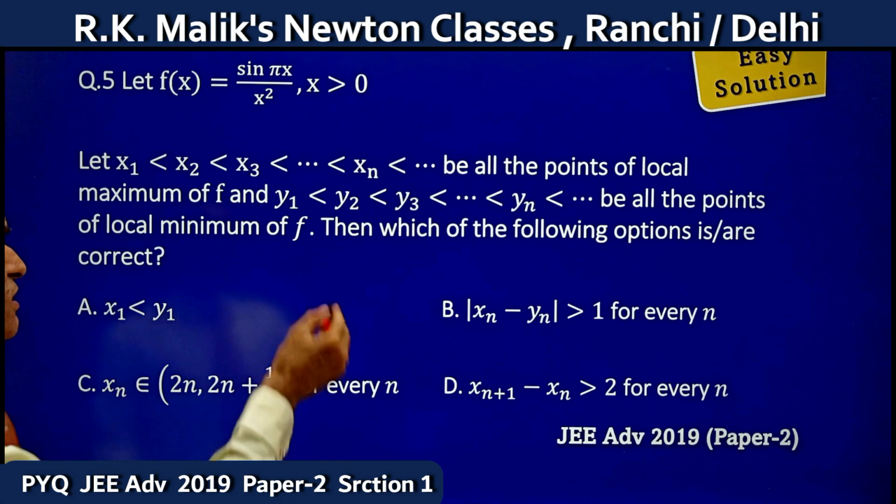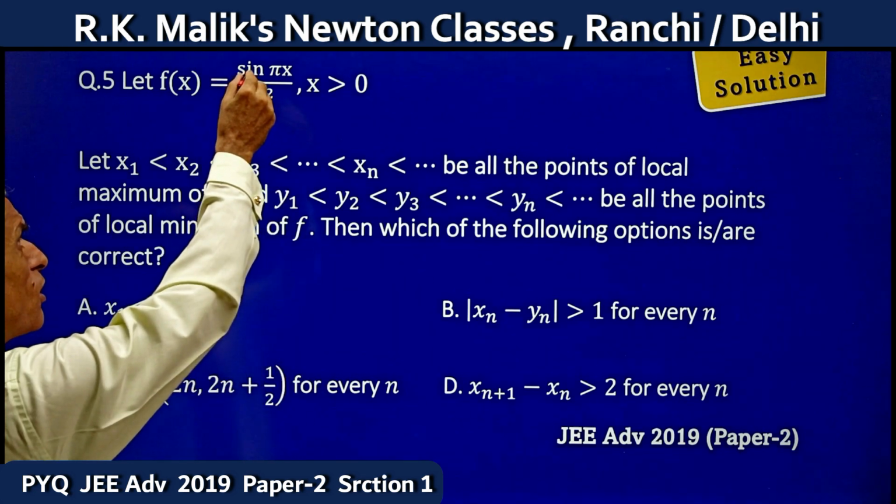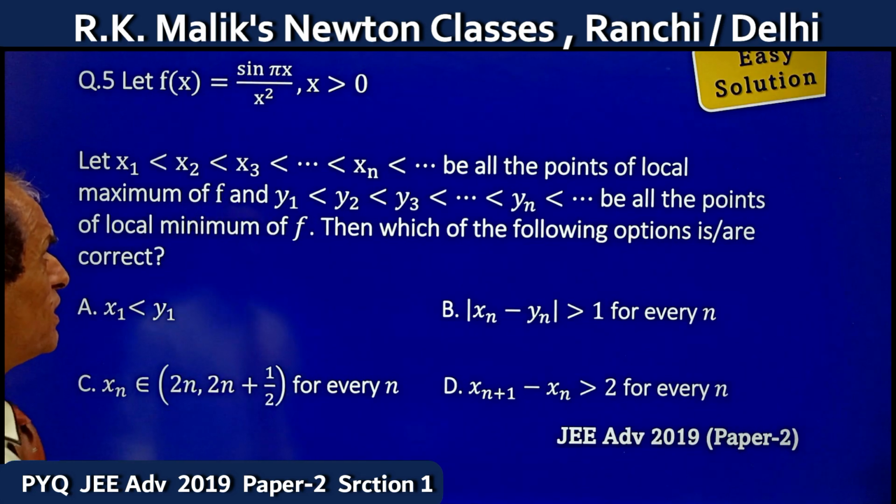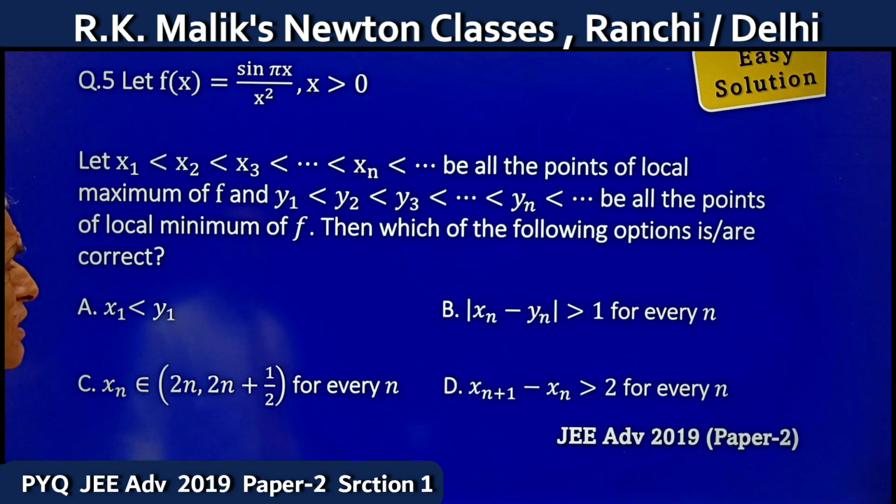It is obvious that had it been only x instead of pi x, the question would have become easier for me to deal with. Therefore, I'm changing the question slightly. That will make our calculation, hence the solution, simple.